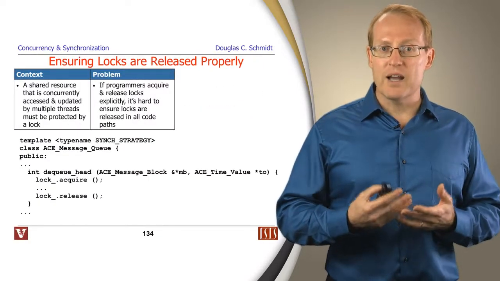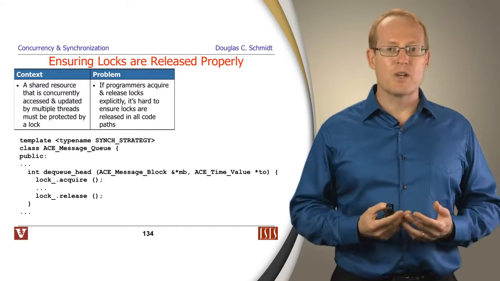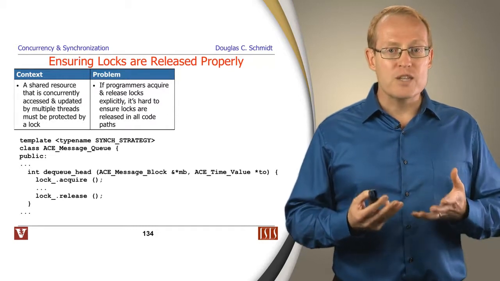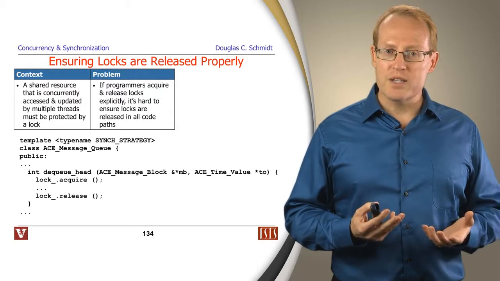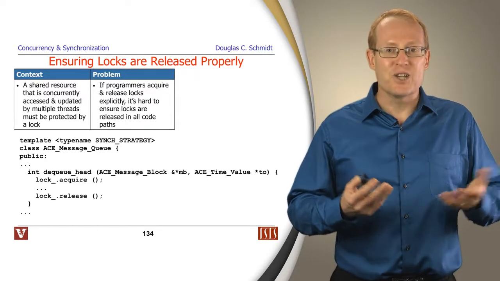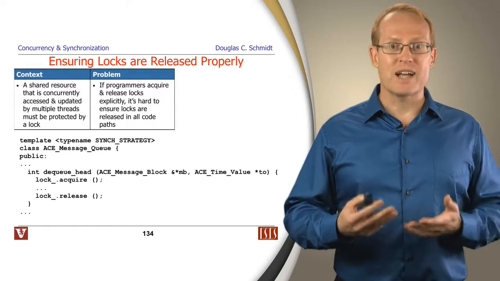Let's now talk about another dimension of synchronization that corresponds to what we just described. This is ensuring that locks are released properly. If you start writing single-threaded code, then releasing locks is a non-issue. When you begin to write multi-threaded code, of course, releasing locks is a big deal.